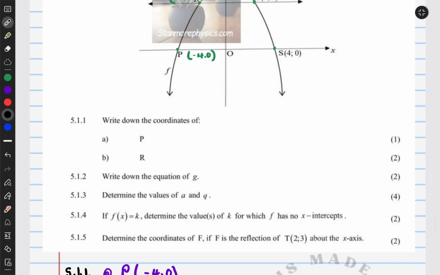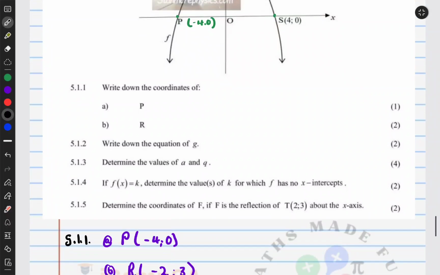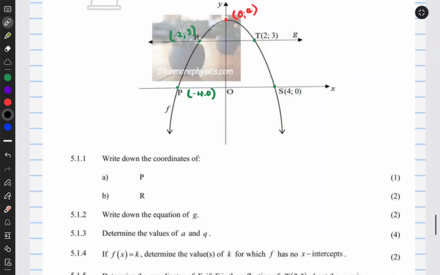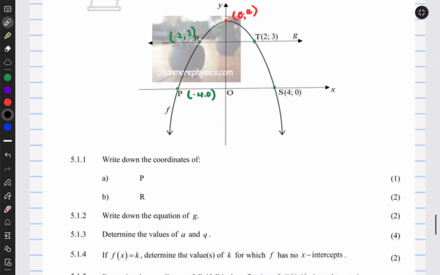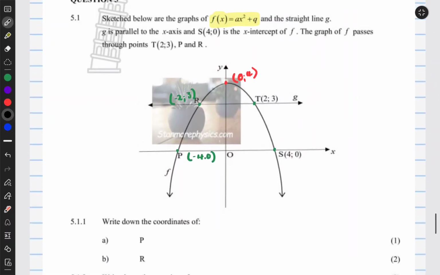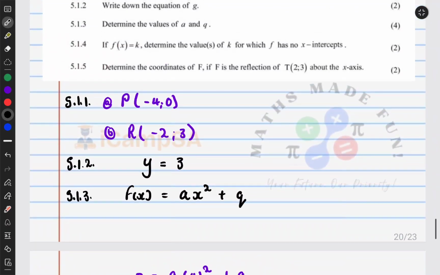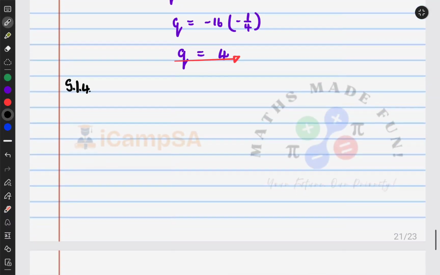Let me see, if k to have 0 x-intercepts. Okay, I'm trying to think of a scenario where we will have 0 x-intercepts.